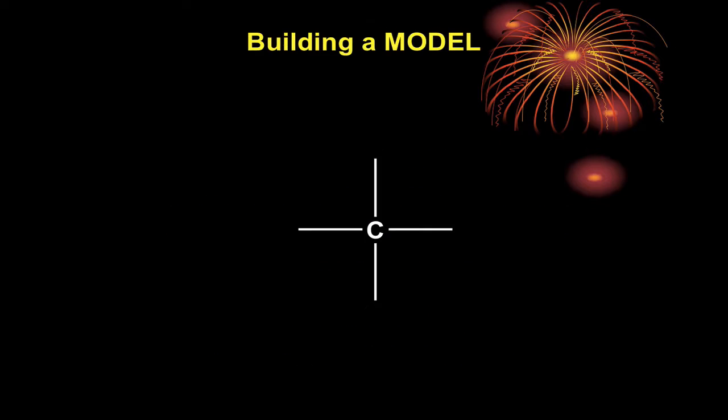So the first thing that I want you to do is get out your model kit and get a single carbon atom and the 4 colored spheres. So you should have a blue, a white, a red, and a green colored sphere.